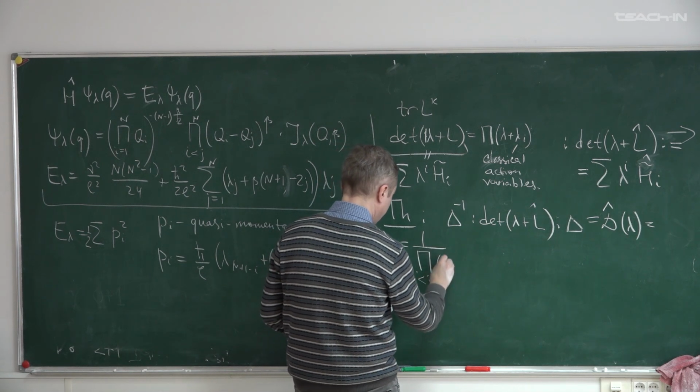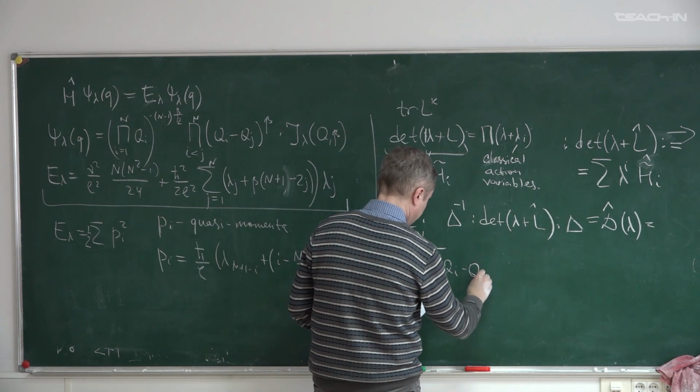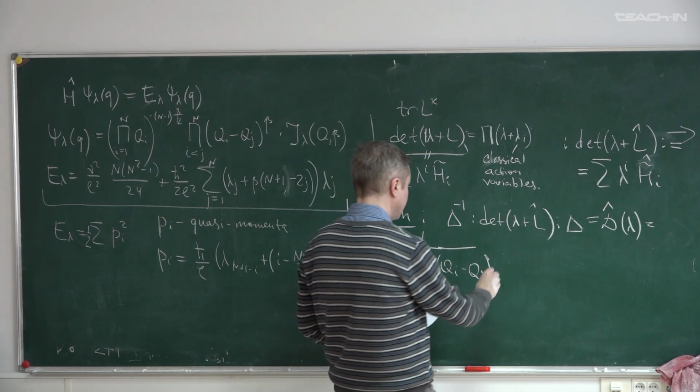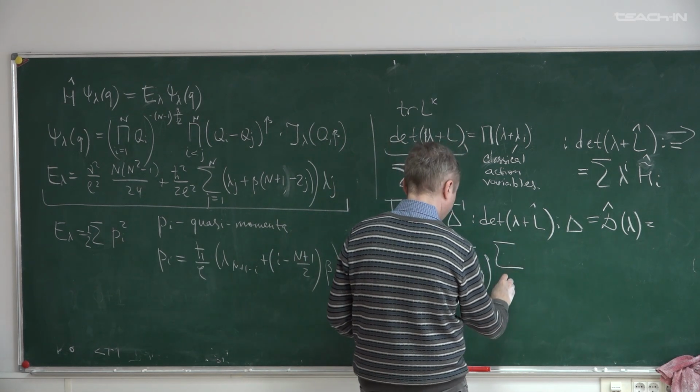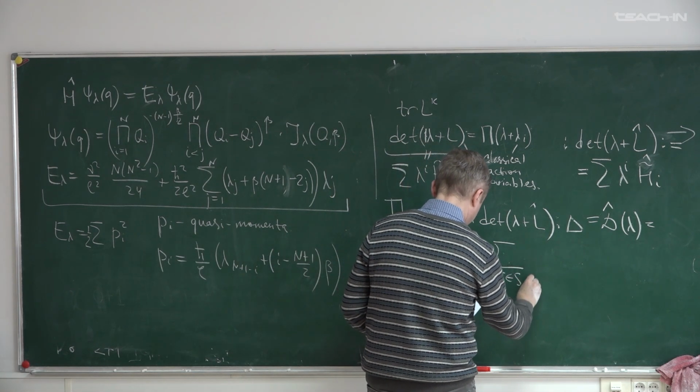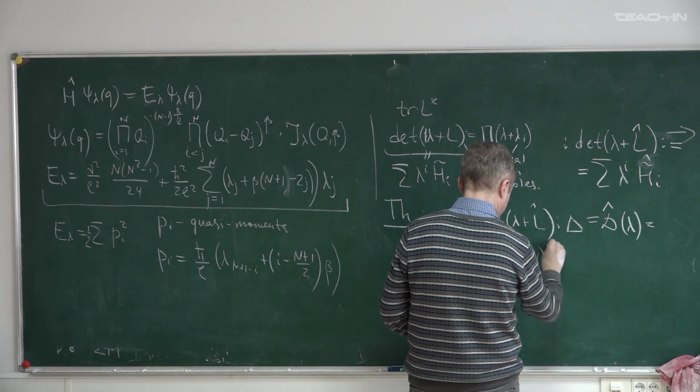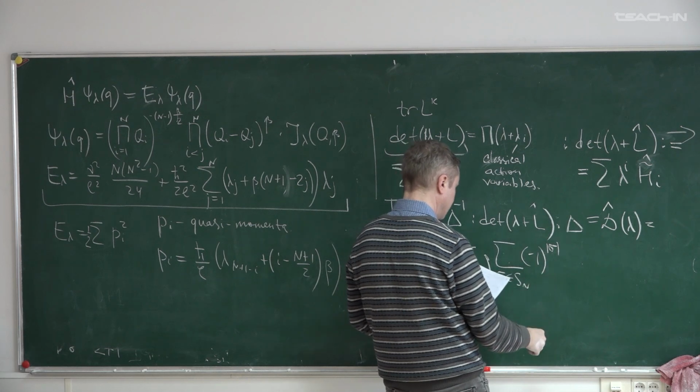The product, so we have a Vandermonde, the coefficient of a Vandermonde, then we have a sum over permutations. This is a sign of permutation.